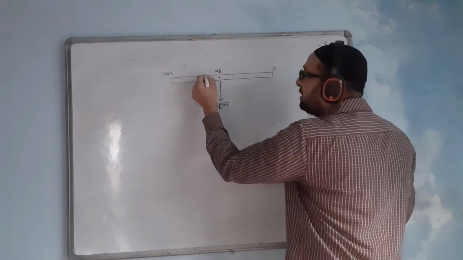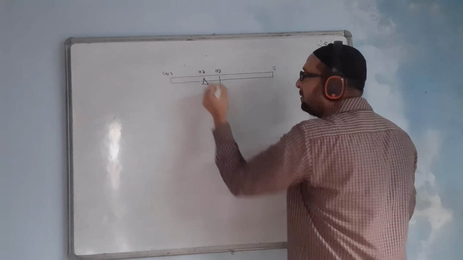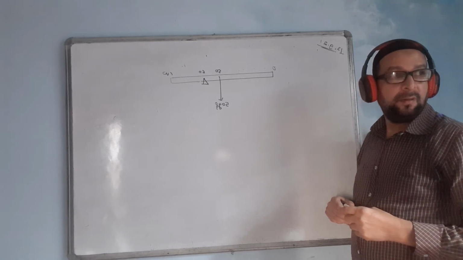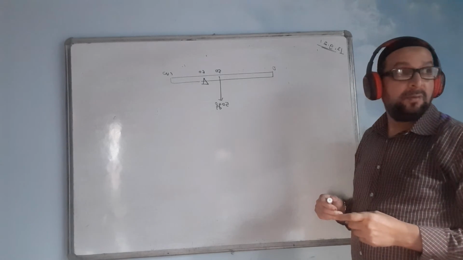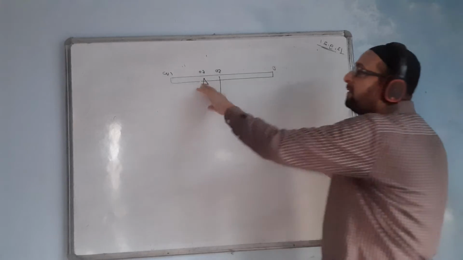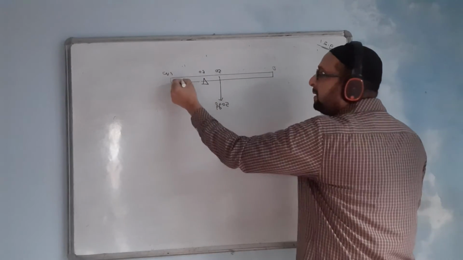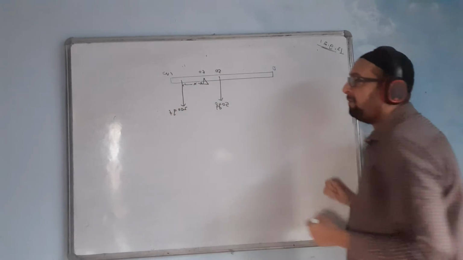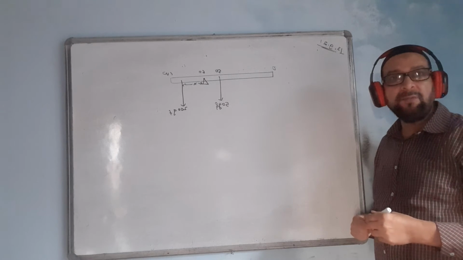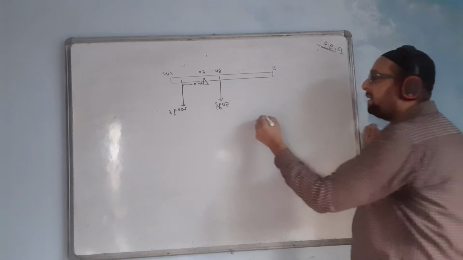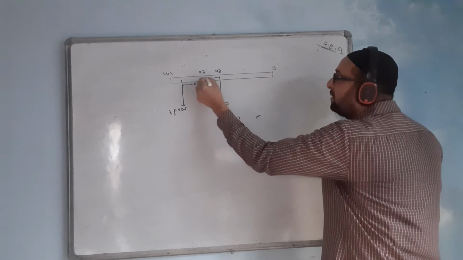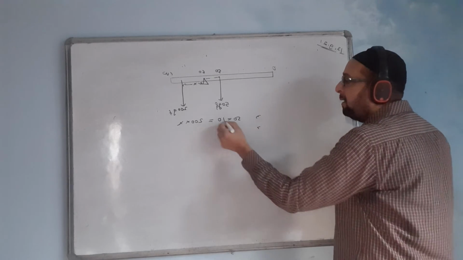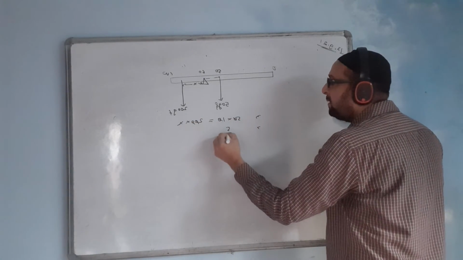The ruler is balanced at the 60 centimeter mark by keeping a weight of 200 GF somewhere on this side. Suppose we keep the weight of 200 GF at a distance x. We have to find the value of x. So 50 into how much? 50 to 60 is 10. This side is 200 into x. Let us find the value of x. 20 will go. 5 by 2 is the value of x.